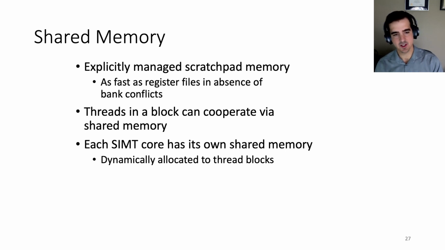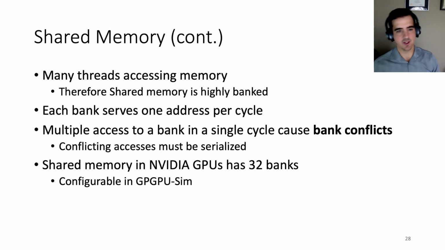Like we discussed in class, this shared memory is dynamically allocated between the different thread blocks when the thread blocks get scheduled onto each SM core. This is the same sort of thing that we talked about before regarding bank conflicts. You can configure the number of banks. By default, most of the modern GPUs have 32 banks, and that's what's modeled by default in the simulator.